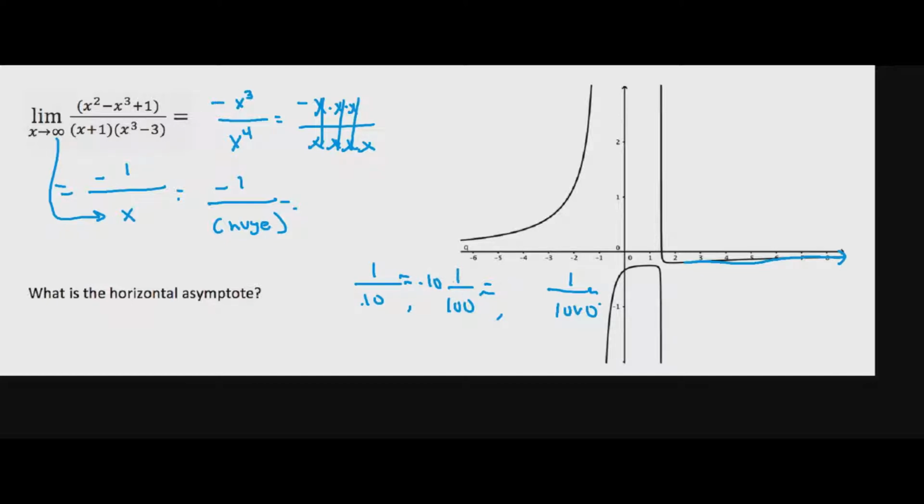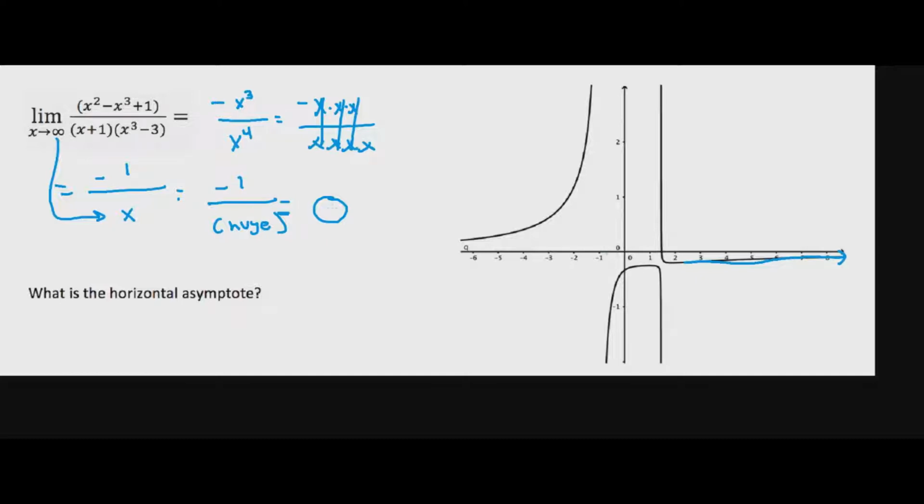Over here, you're taking $1 and breaking it up among 100 people, and that's 0.01. And then over here, it's 0.001. So if your denominator is larger than your numerator, it's always going to approach 0, because we divide the numerator by a large amount and break it evenly into more groups.